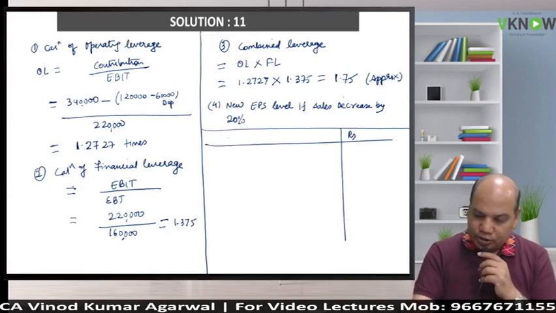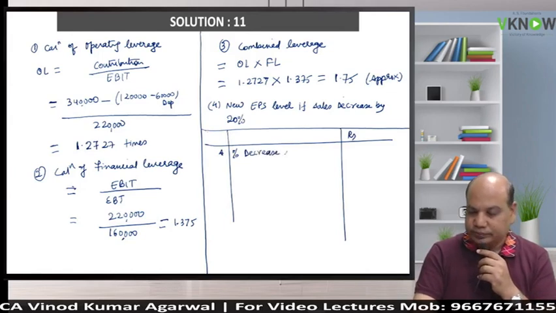First point A, write down percentage decrease in sales, 20%.